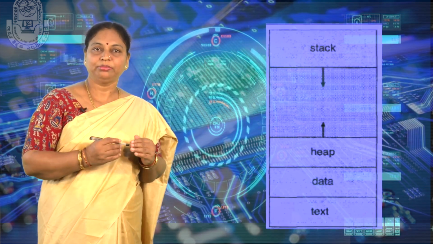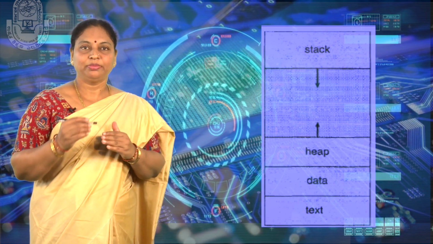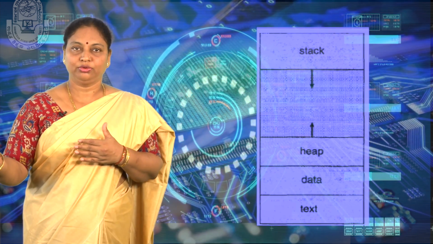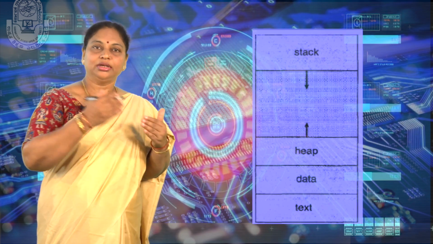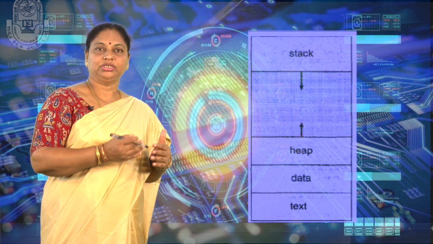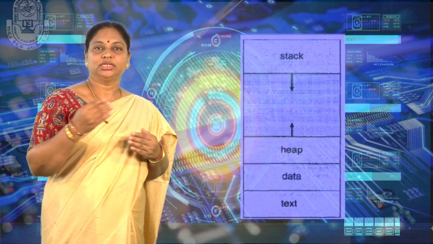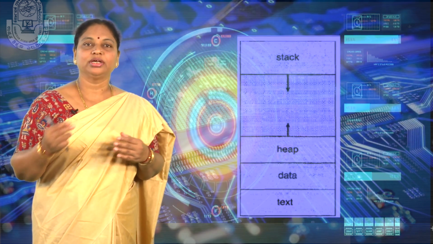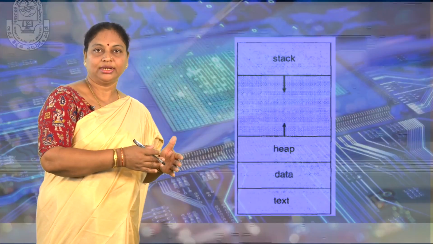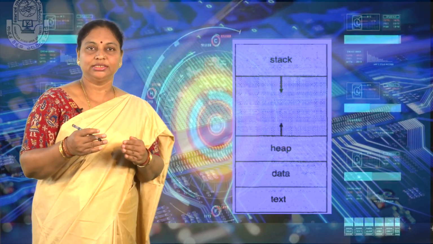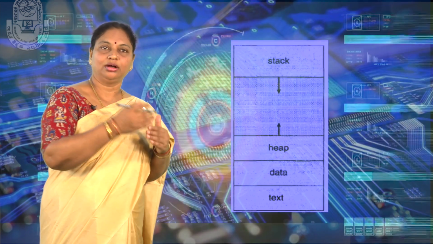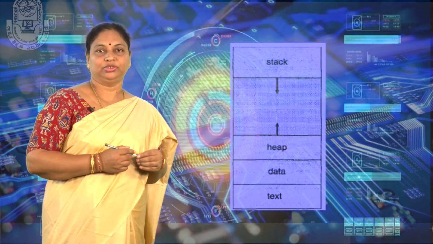The PC keeps track of the next instruction to be executed. Along with these two, it also stores information about the CPU registers: what registers are available and what they contain.